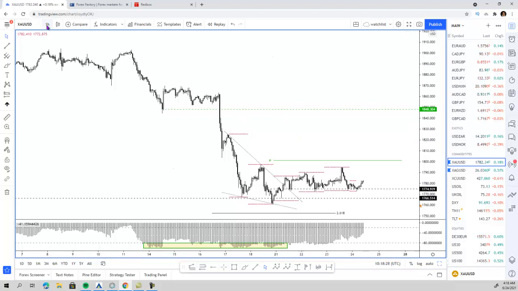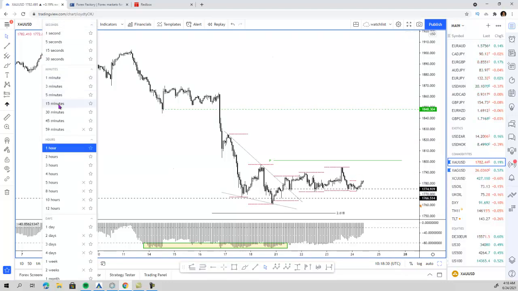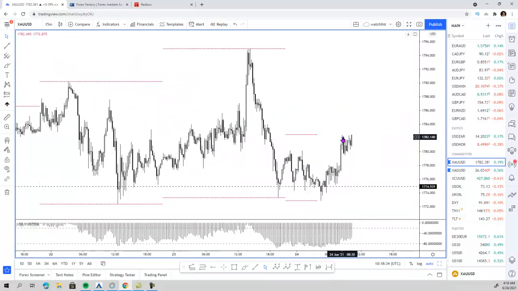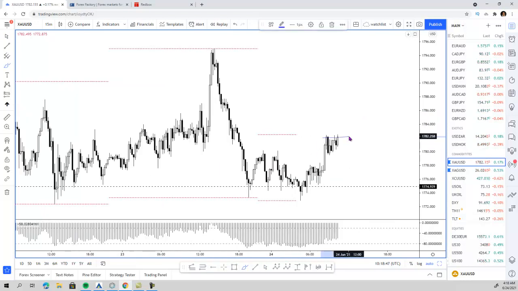Yeah, I'll show you on the 50-minute chart, right? So this level, the 1782 level, was capping, or is still capping the upside in gold. There is a lot of selling pressure here, but if you notice, again, a little bit of a flat triangle being created on the 50-minute chart.